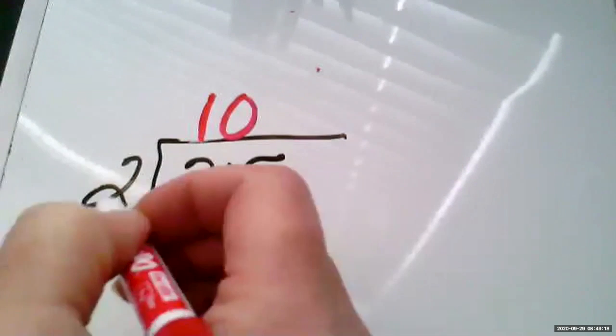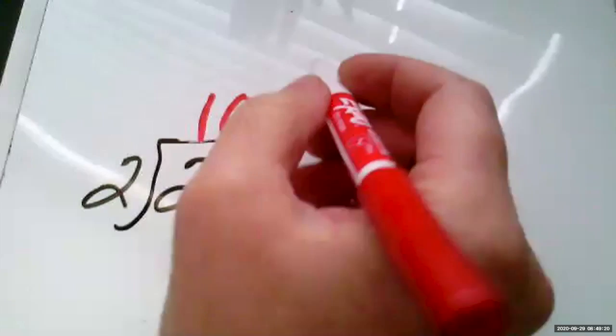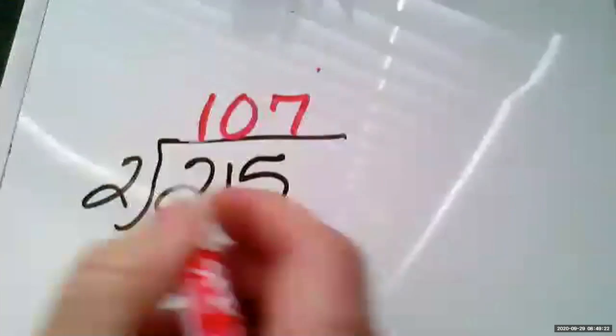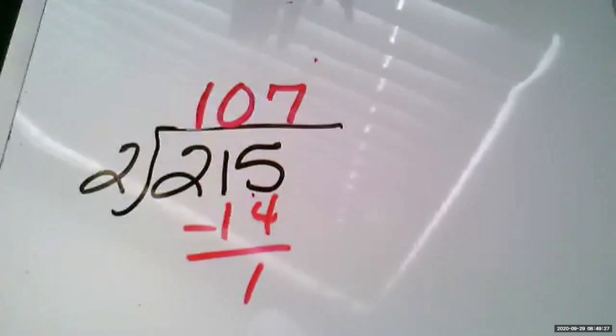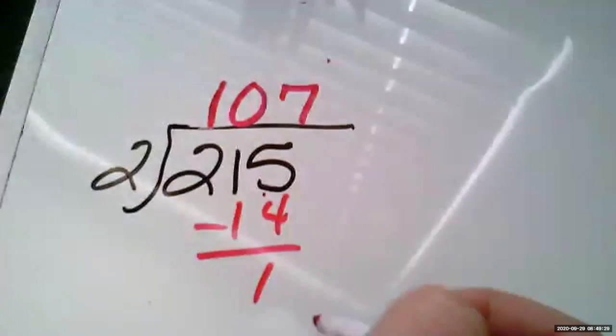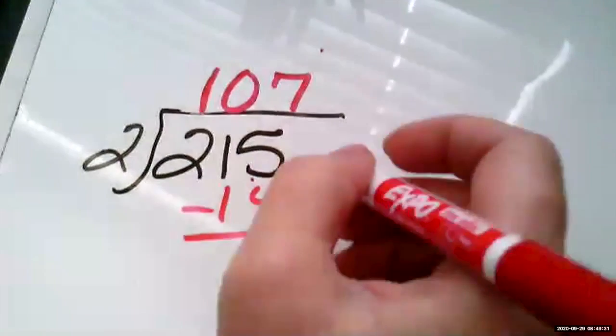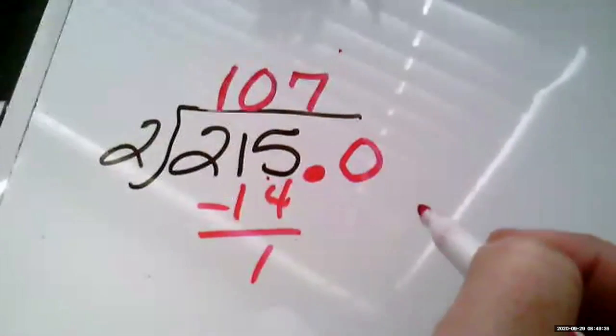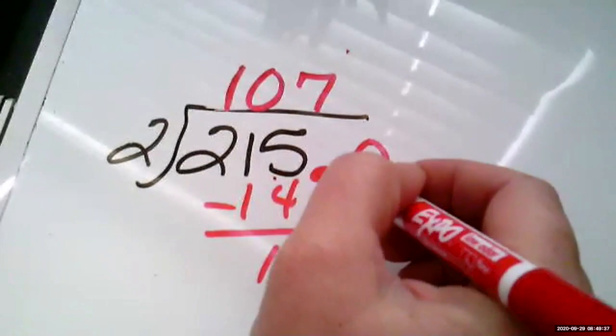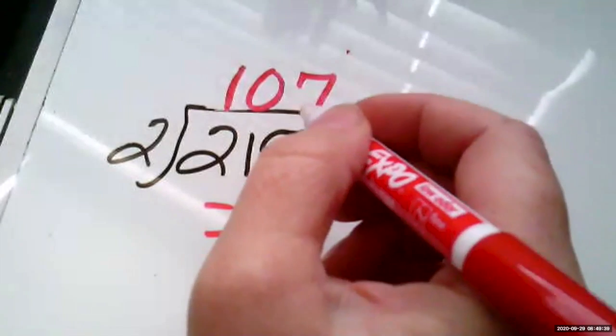All right. 2 does go into 15 7 times. 7 times 2 is 14. That's 1 left over. However, you don't get to give me a remainder. You have to put a decimal and add a 0.